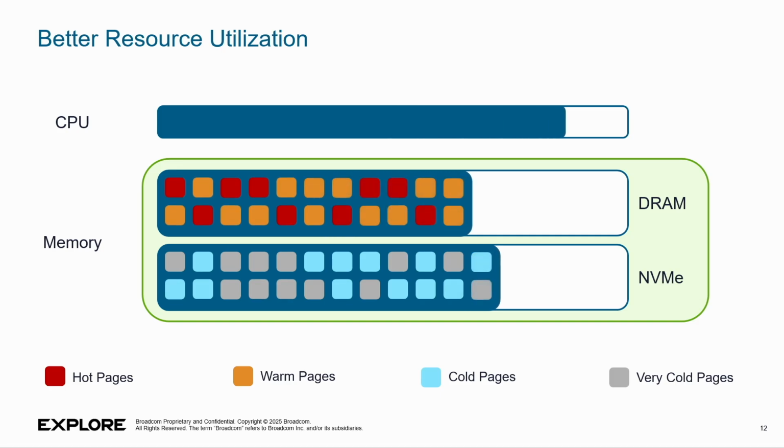But in this case, now we have all that additional space for DRAM. We still can move some of those cold pages down to NVMe, and now the CPU can be pushed even more. So now we're using more CPU resources, we're using more of the DRAM for actual work, and we're using NVMe for the cold pages and very cold pages that don't do a whole lot. So I hope that makes sense. This is pretty much how memory tiering works from a high-level view.